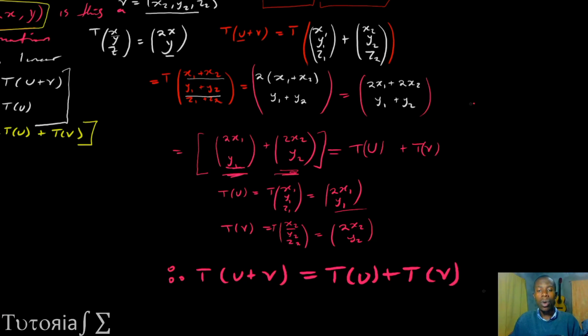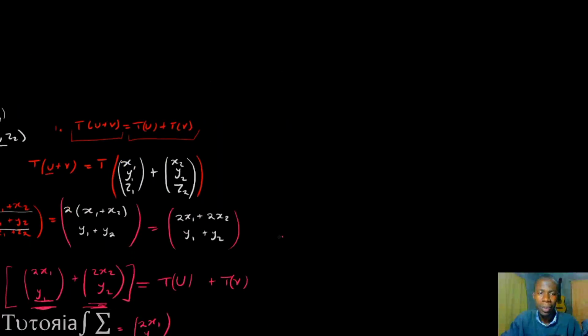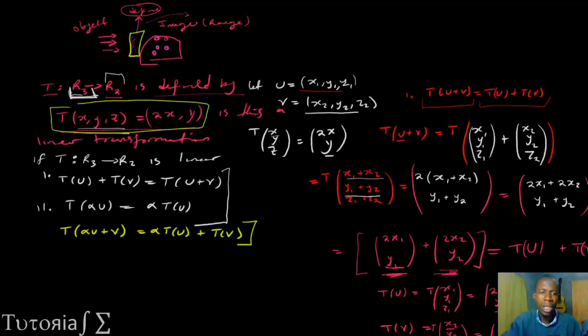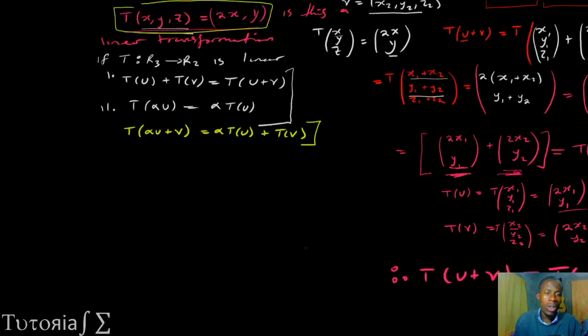Okay, so first condition has been satisfied. We can go with the second condition now. So the second condition is right here. So transformation of alpha times u should be equal to alpha times transformation of u. So we pick one side and one side should produce the other side.